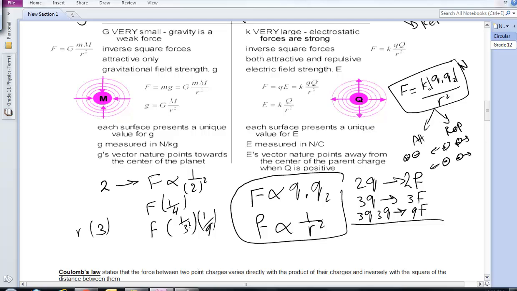We can ask another question, the same question but in a different way. Let's say that if the distance is 2 meters and the electric force is F, what happens if it became 8 meters? So you need to compare the 2 with the 8. So 8 divided by 2, this means that we increased it 4 times.